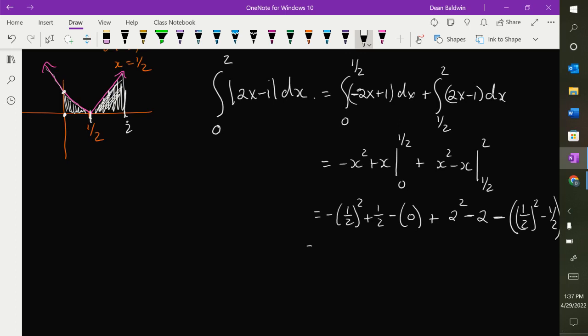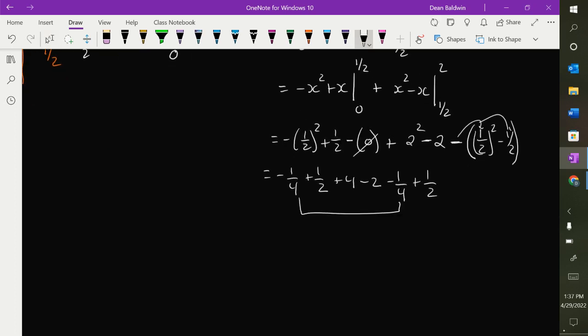This gives me negative a quarter plus a half. That goes away. 2 squared is 4 minus 2, minus 1/4 plus 1/2, because that negative gets distributed into both of those.